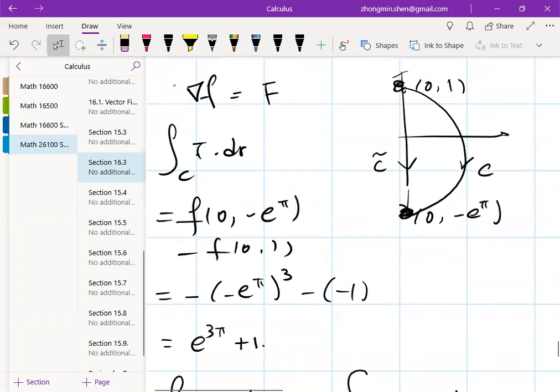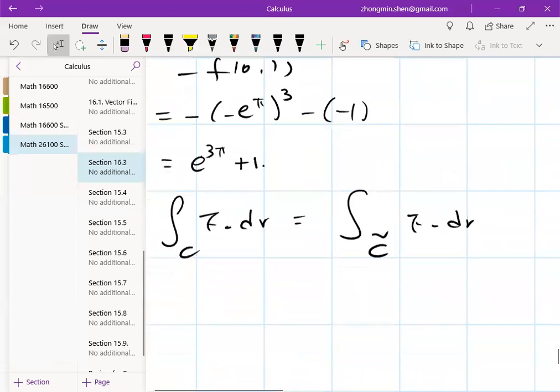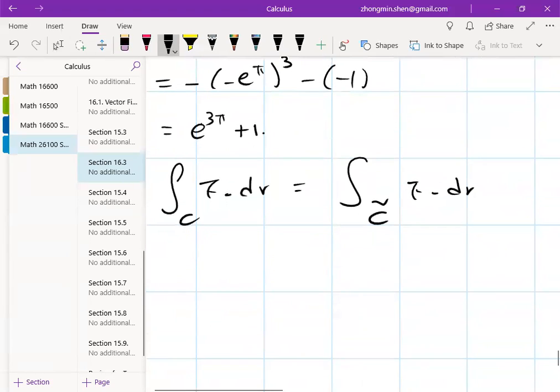The x variable is always 0. The y variable is just t from 1 to negative e to the pi. So this is a much easier integral than the other one. Then you can evaluate this one. So how do you do that?